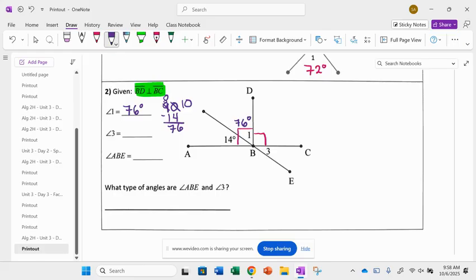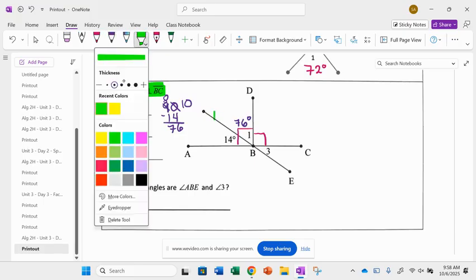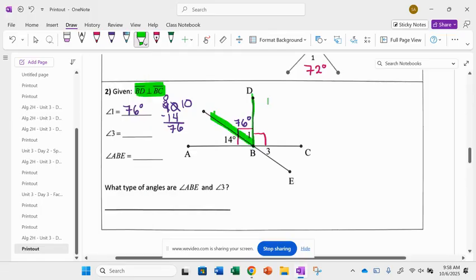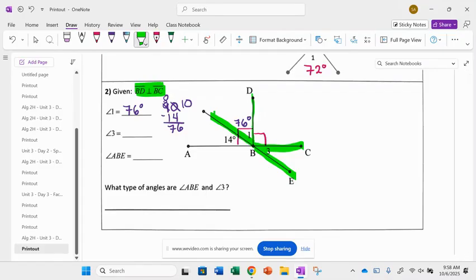Tell me, are angle 3 and angle 1 vertical angles? No, look at their beaks. It's a very awkward kiss if that were vertical. Do you see that? It's like one went for the cheek, the other turned his head. They're not on the same page here. One definitely got rejected there.